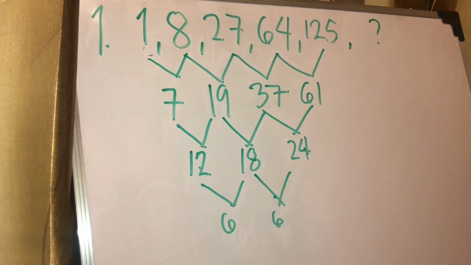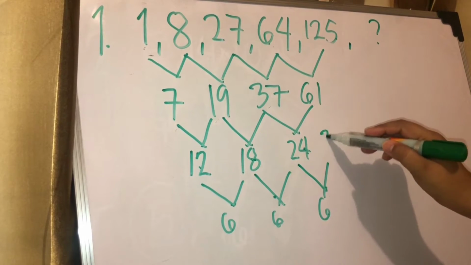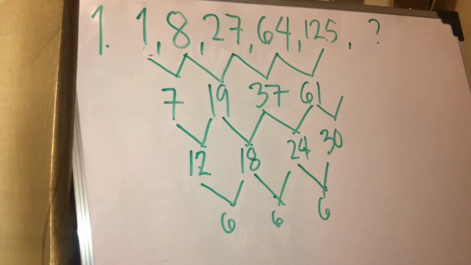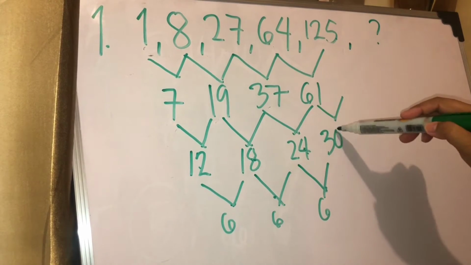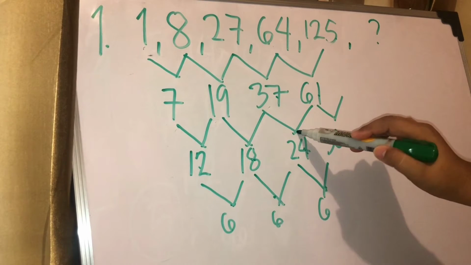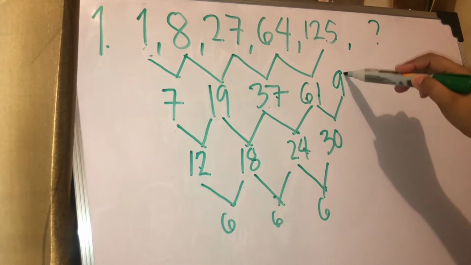So it means the next number after 24 is we're going to add 6. So 24 plus 6 is equal to 30. Then you will add 30 and 61. For this number, 37 plus 24 is 61, and then 61 plus 30 is 91.